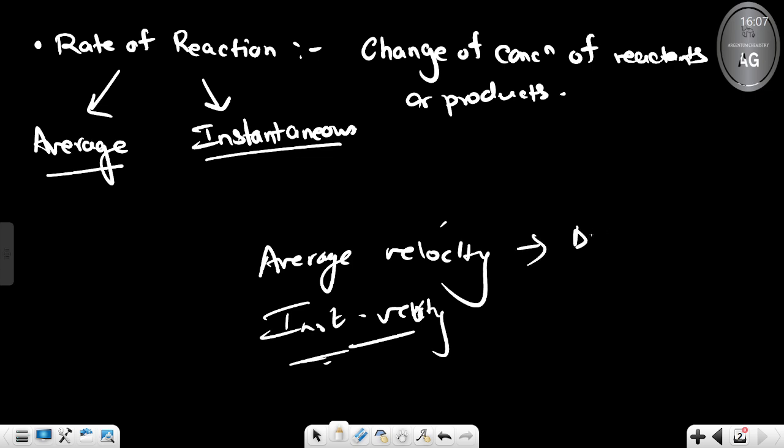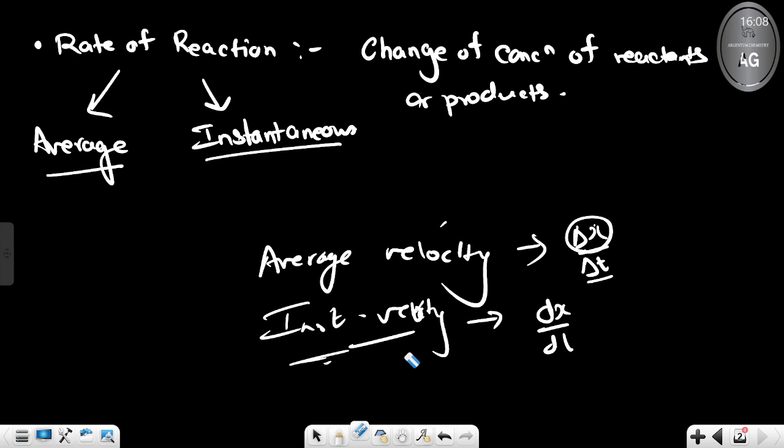This would be written as delta x by delta t, that means the total displacement by total time taken, and instantaneous we will write dx by dt. Since x tends to very small, t tends to 0, then it will become dx by dt. Clear? So similarly here also we will remember it as delta x by delta t, meaning here it will become delta concentration by delta time and d concentration by d time.